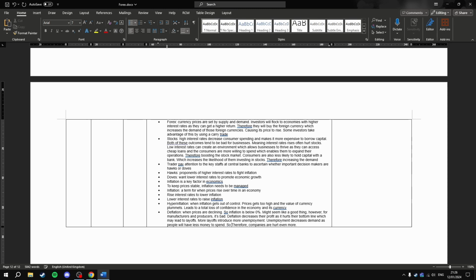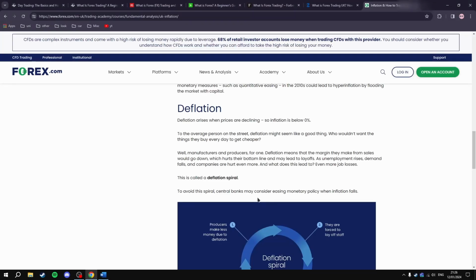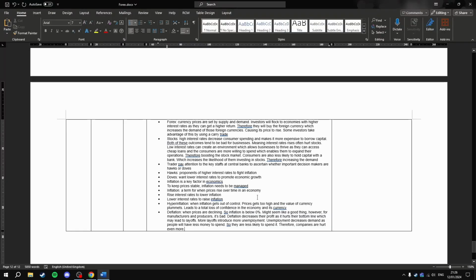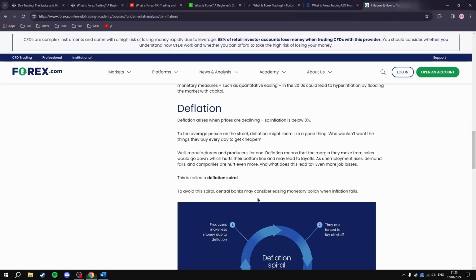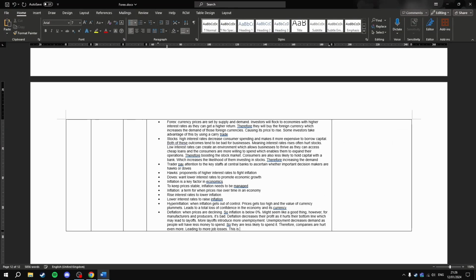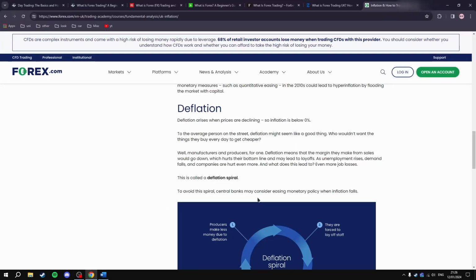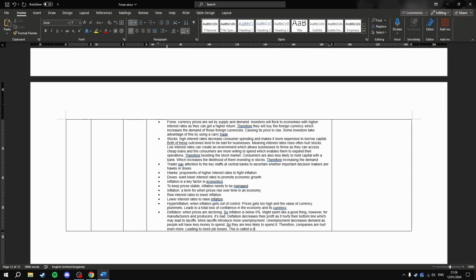So they are less likely to spend, leading to more job losses. This is called a deflation spiral.